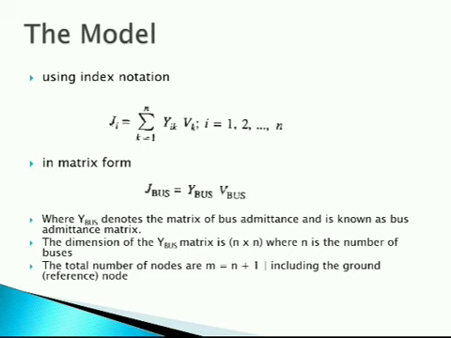This is how we write the admittance equation in a compact form. So J is the number of independent current sources, and it is equal to the sum of all products of admittance and the bus voltage.